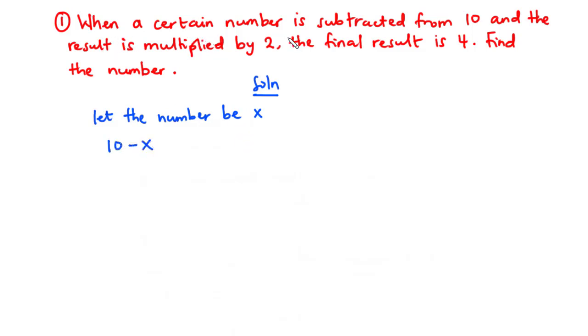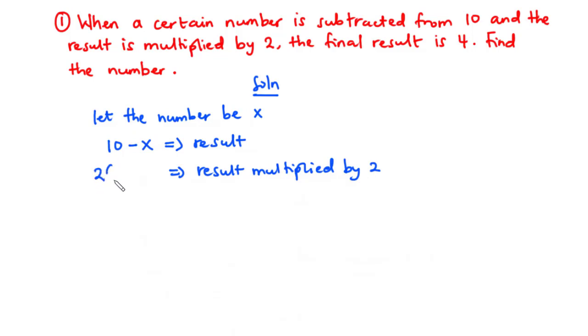So when a certain number is subtracted from 10 and the result is multiplied by 2, this is the result, so we are going to multiply it by 2.